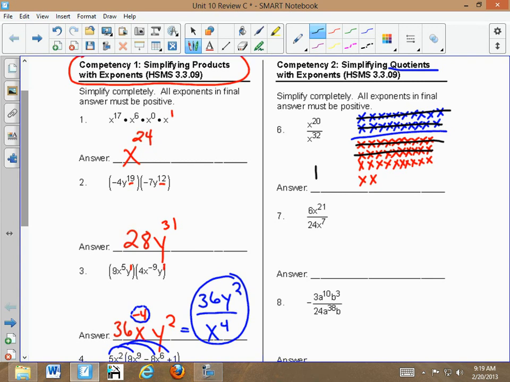So my answer is 1 over x to the 12th power.